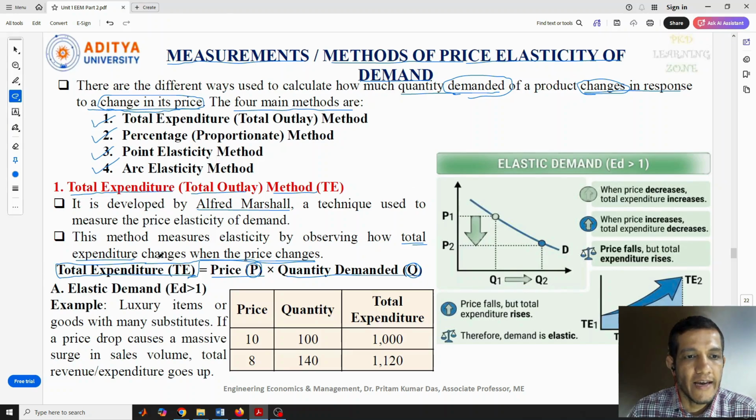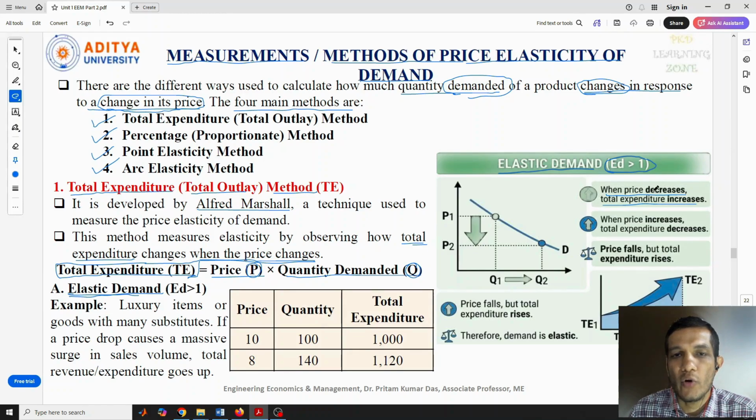This is categorized into three different types. The first one is elastic demand. Elastic demand is when the value of ED, the elasticity of demand, is greater than 1. In this condition, when the price decreases, the total expenditure increases.